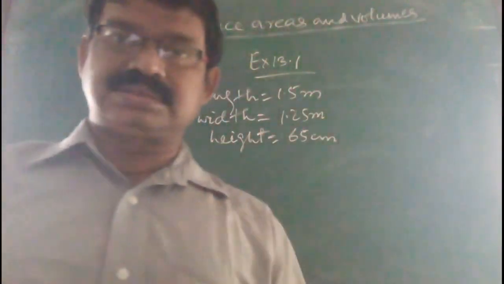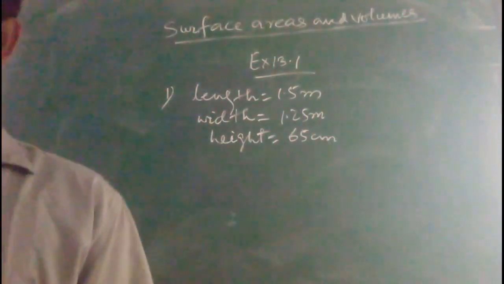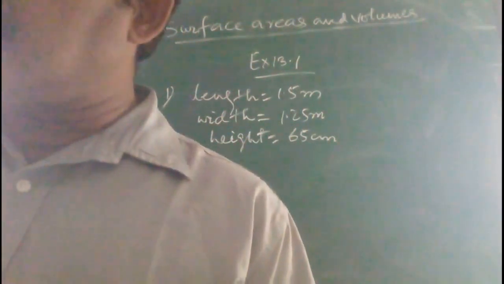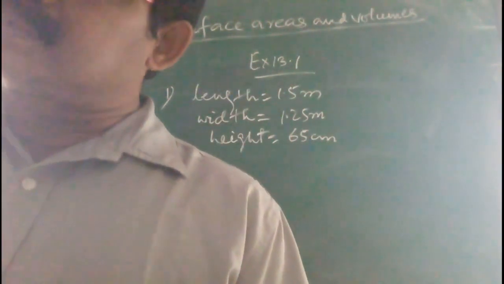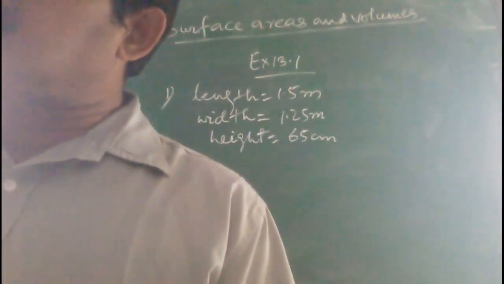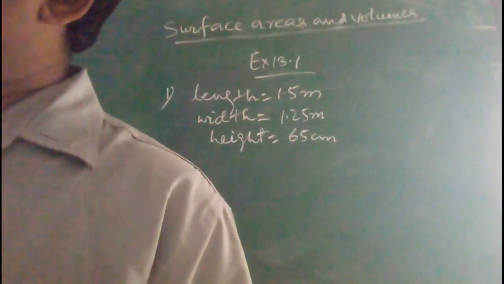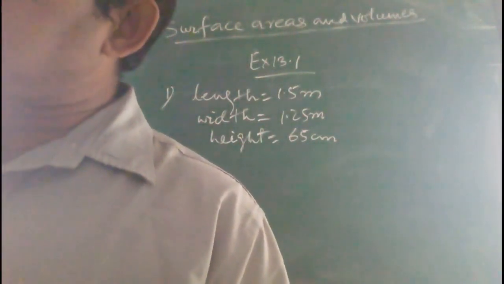Now the top of the box is open. So in this question you have to find the area of sheet required for making the box, and second, you have to find the cost of the sheet if the sheet measuring 1 meter square costs rupees 20.